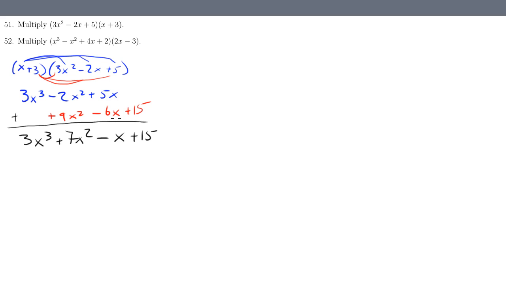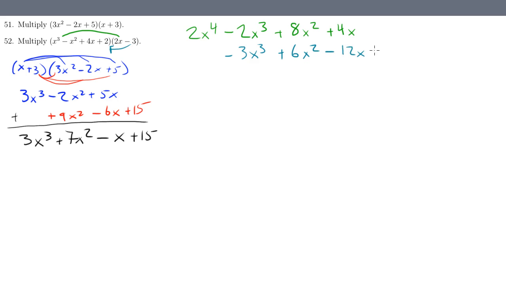So we're going to take 2x and multiply it in here. So that's 2x to the 4th minus 2x cubed plus 8x squared plus 4x. Okay, and then we'll take the negative 3 and we'll do the same. So that's minus 3x cubed plus 6x squared minus 12x and minus 6.